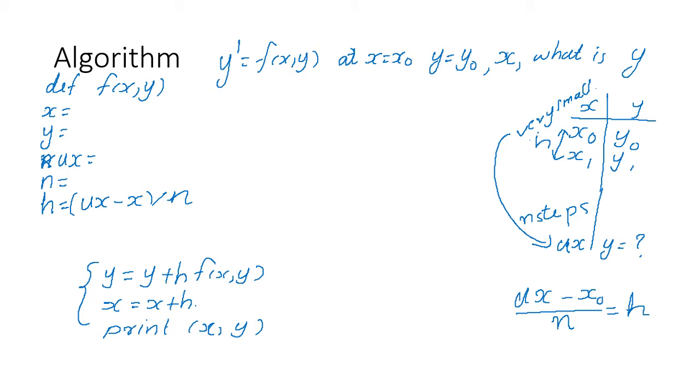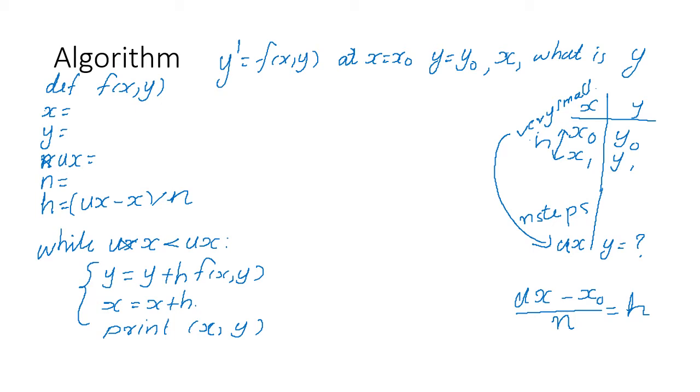If you are using a while loop, you can use this condition: while your x is less than ux, you must proceed. That means you haven't reached ux.